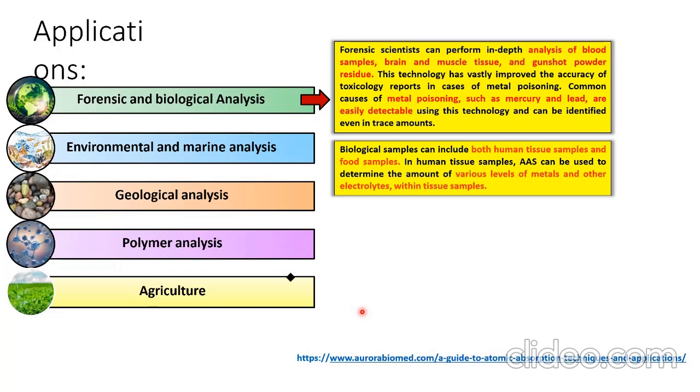because AAS is generally used for metallic ion detection. Heavy metal contamination in water is a major problem, not only in India but everywhere in the world, because metal contamination happens from industrial wastewater and other pollutants.